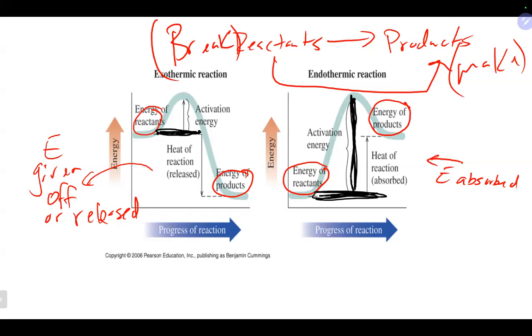It's probably going to require energy be put in to help people get up and over the hill to the other side, as opposed to our exothermic one, where it's a much smaller hill. They have sort of excess energy, so a good amount is going to be able to get up to the other side. So you will typically see a bigger activation energy hill in an endothermic process, because you need that energy put into the reaction to help everybody get to the other side. Any questions about that?